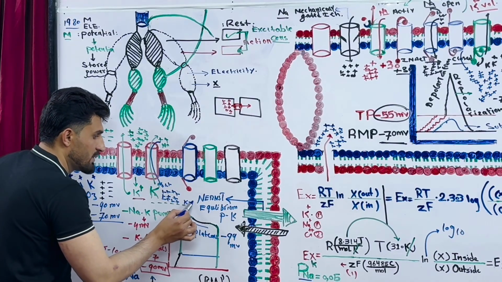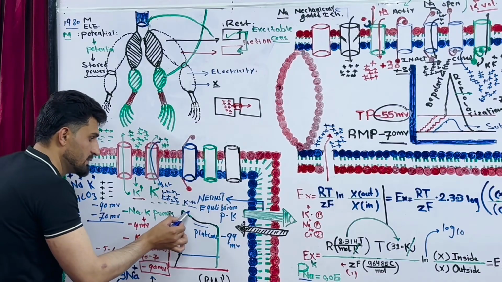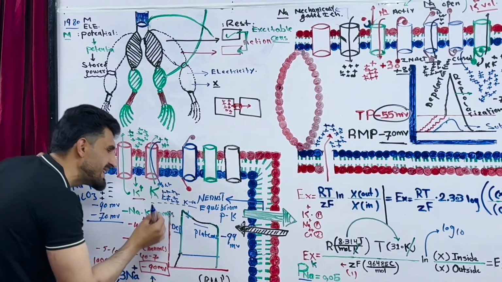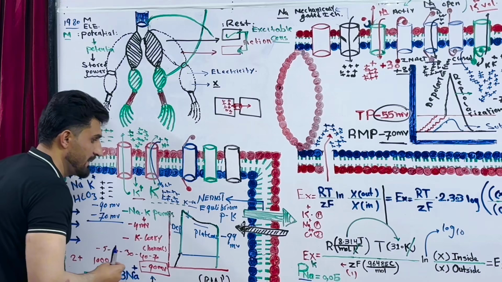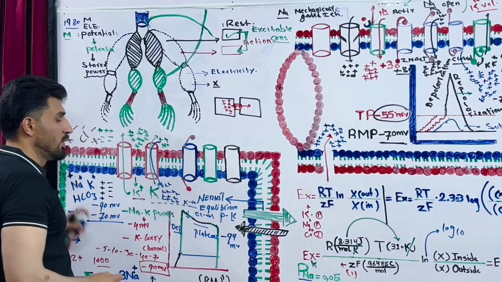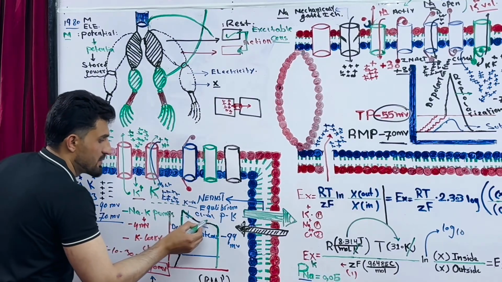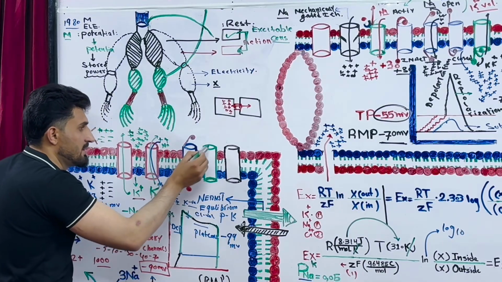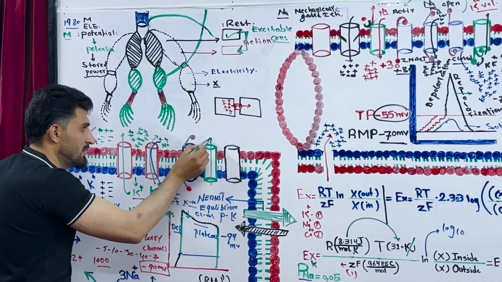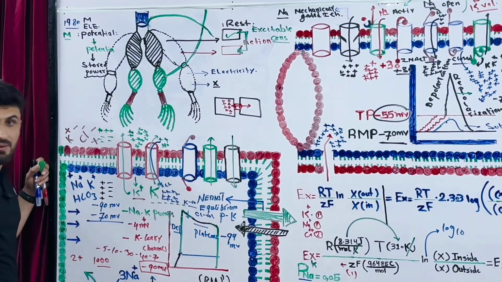potassium voltage gated channels are opened, and a lot of potassium leaves the cell, but with a little bit of delay, calcium voltage gated channels are also open at this time, and a lot of calcium enters the cell. So a lot of potassium leaves the cell and a lot of calcium enters the cell.